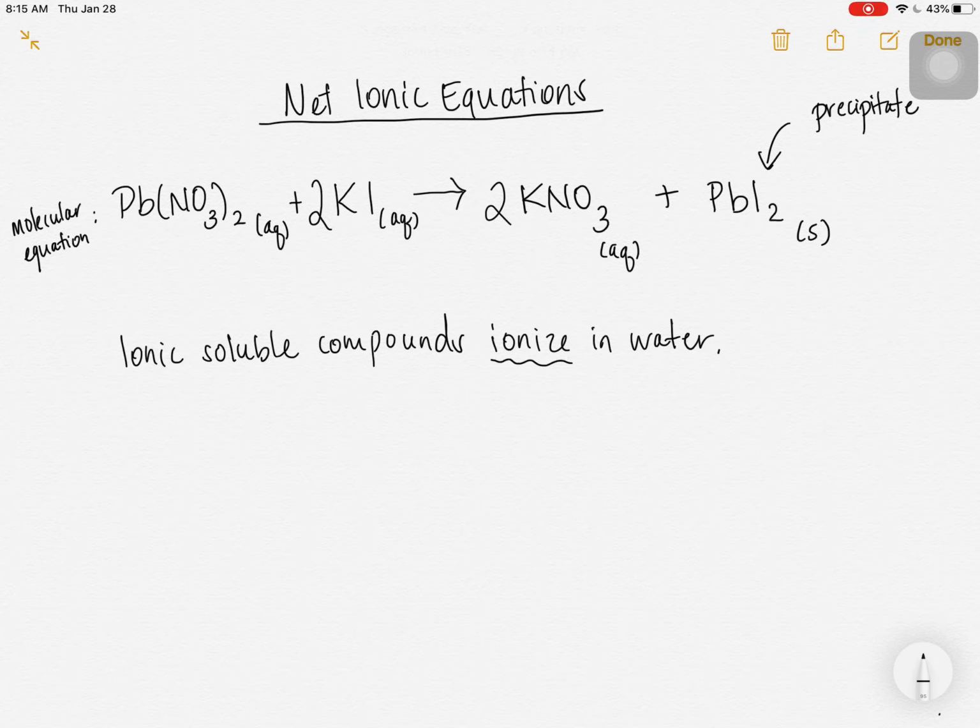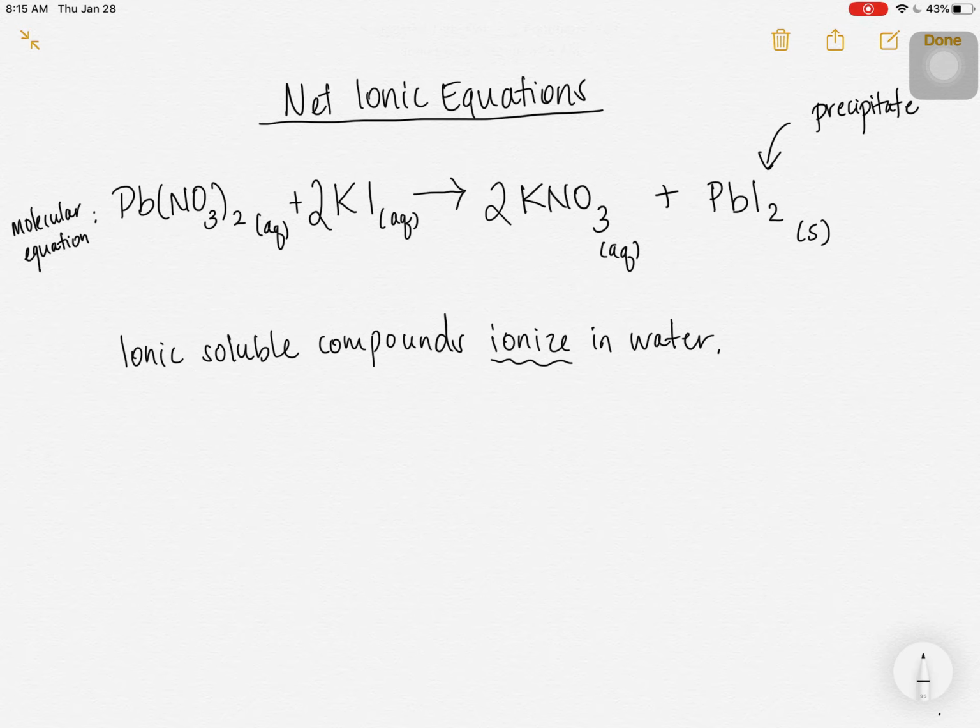Okay, so to ionize means to break apart into their ions. So this is almost the reverse of writing a chemical formula. But what we are now discussing is the fact that any ionic soluble compound is going to ionize or break apart in the water.